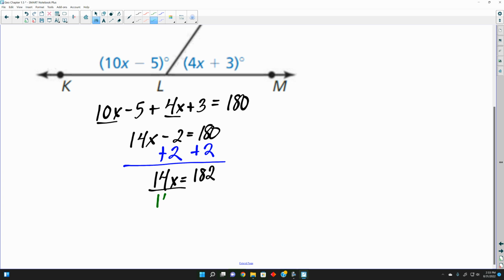And last but not least, we would divide by 14, telling us that x is equal to, so we'd have 182 divided by 14, I think it's 13.